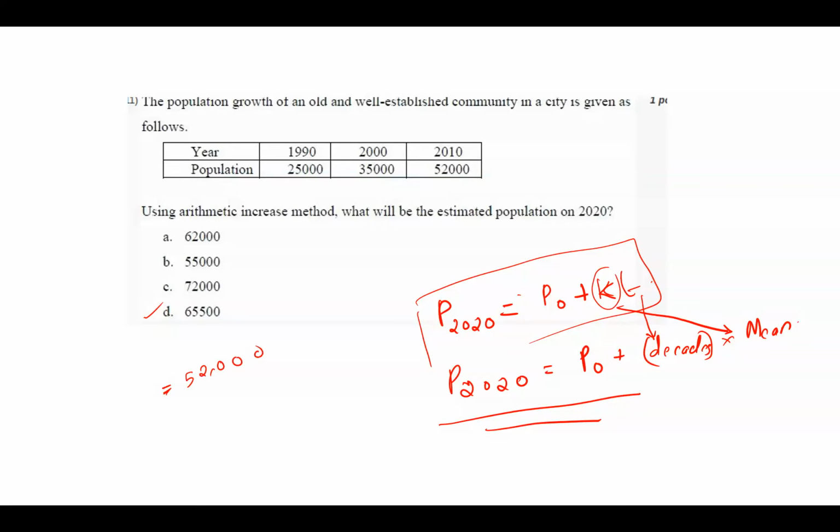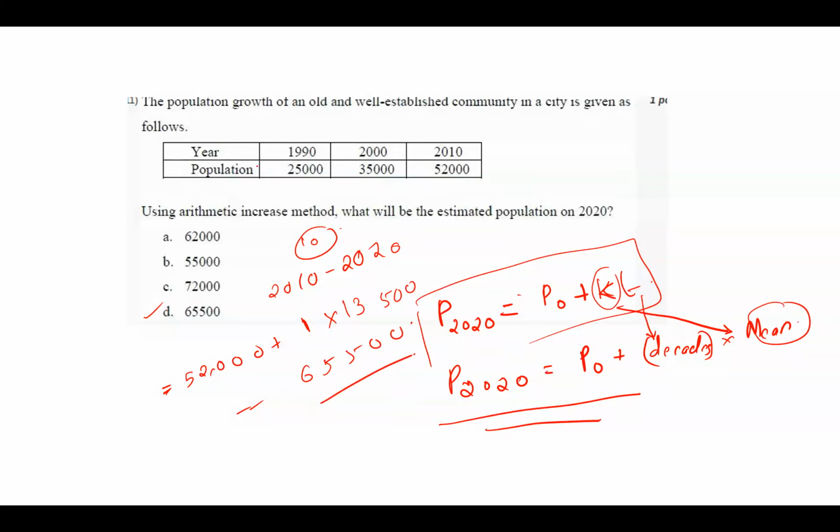You can take any value, but here you consider 52,000. What is the K value? 2010 to 2020, right? 10, so it is 1. And then multiply with the mean. What is the mean you got? 13,500. Okay.